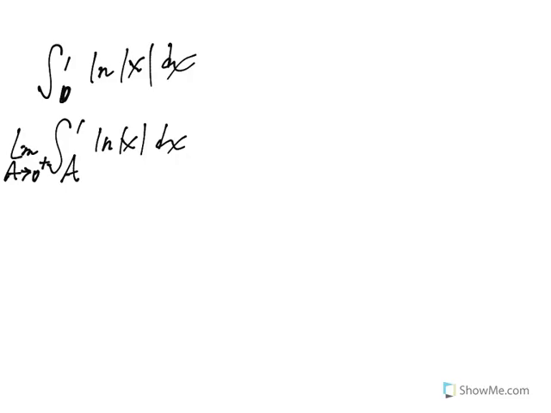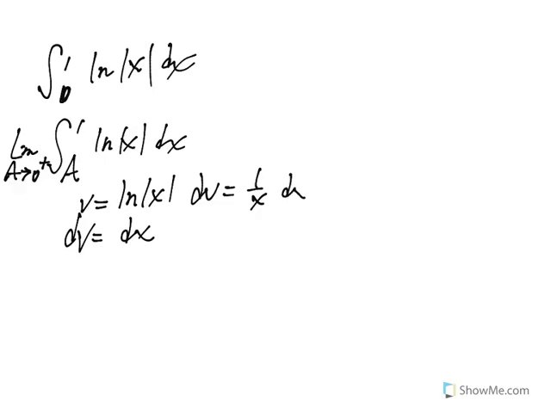All right, now I just need to integrate the natural log of x, and of course you remember that we don't have a formula for the natural log of x, so I'm going to use integration by parts. My u is the natural log of x, my dv then is dx, so my du then is 1 over x times 1 dx, and my v is equal to x.